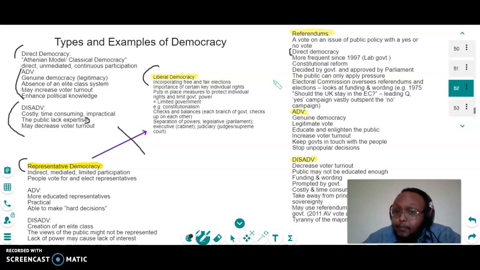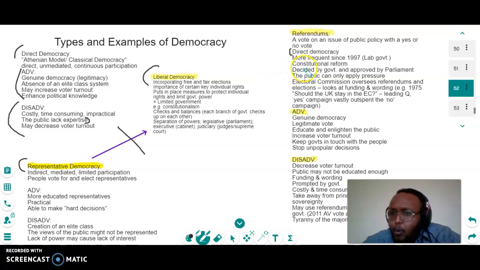For example, in the Scottish referendum, people were able to choose between staying within the United Kingdom, or leaving the United Kingdom. If you look at the Brexit referendum, or the European Union referendum, it gave the British public the chance to leave the European Union or stay within the Union.